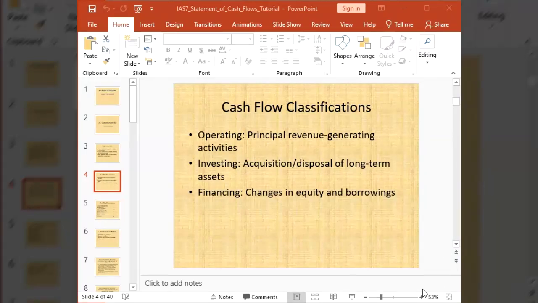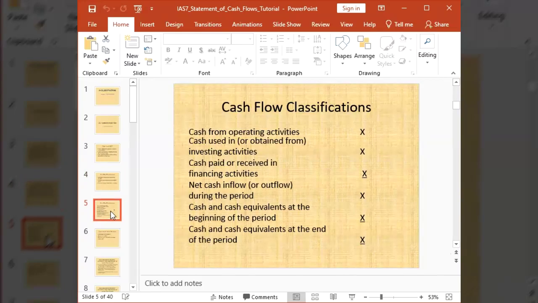Now, it is important to note that in a statement of cash flows, these three activities must be presented in the order in which they have been presented here.